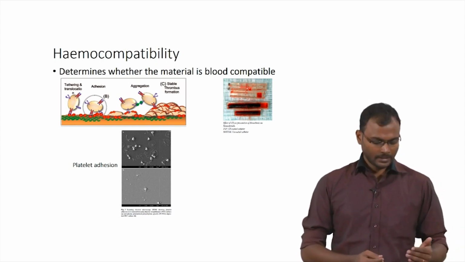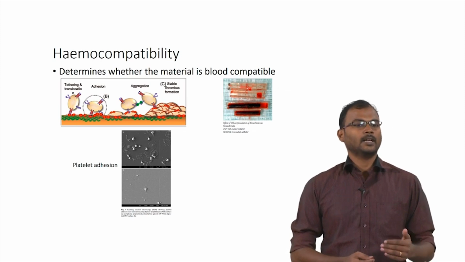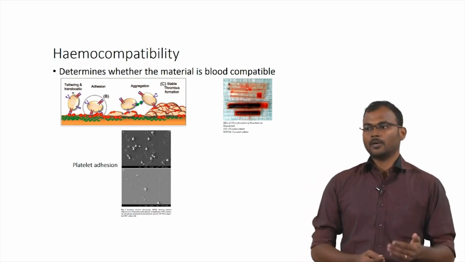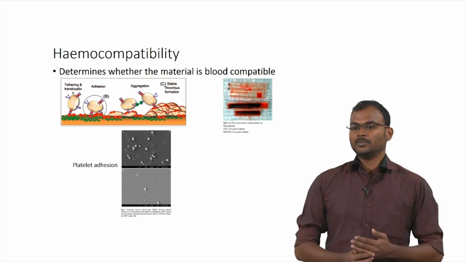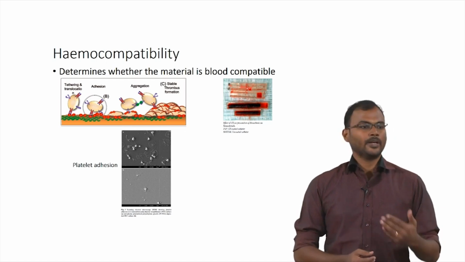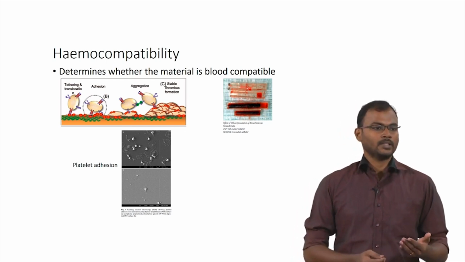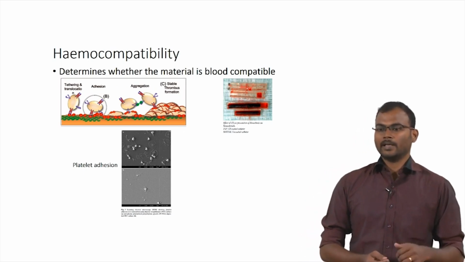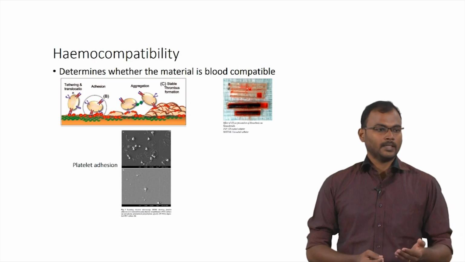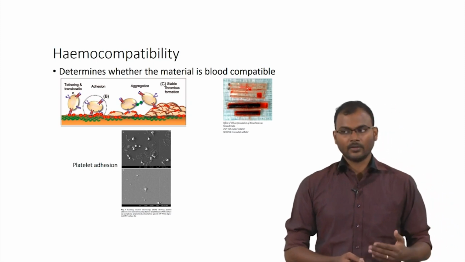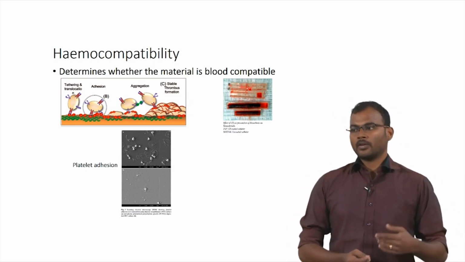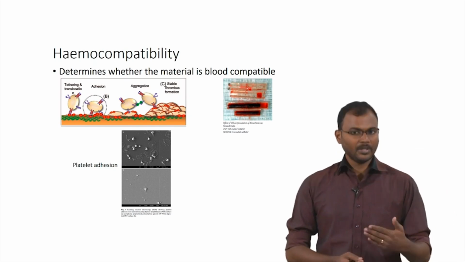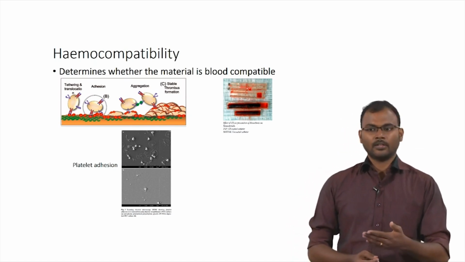The main experiment is platelet adhesion, because that is the initial step of thrombus formation. That can be observed using SEM. You incubate your sample with platelets, which you extract as healthy platelets from human volunteers, then you can check how the platelets are adhering onto the material surface, and you can observe it under SEM, or you can quantify using the previous cytotoxicity experiments.